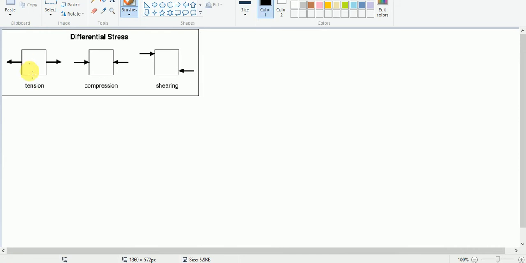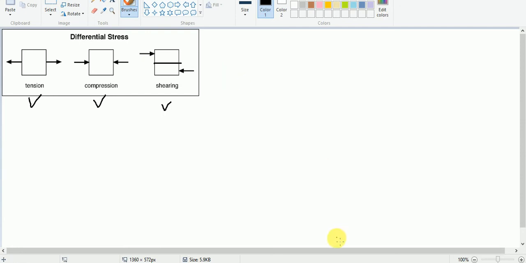This is what we call tensional stress, where the forces are moving away from a common point. Here forces are coming together. This is compressional stress. And this is what we call shearing stress. In this case, it will result in the breaking of the earth material.